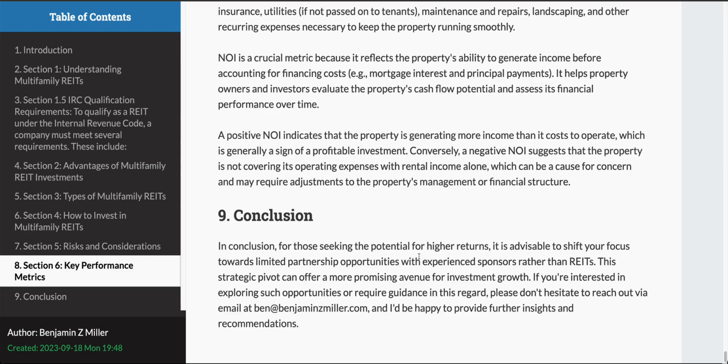Just send me an email, ben@benjaminzmiller.com, and I can provide you with significantly more information. Limited partnership opportunities with experienced sponsors rather than REITs, in most cases, make a lot more sense. And it's important to get properly educated about all of this to know what you're investing in.